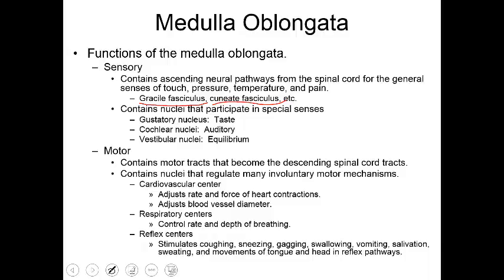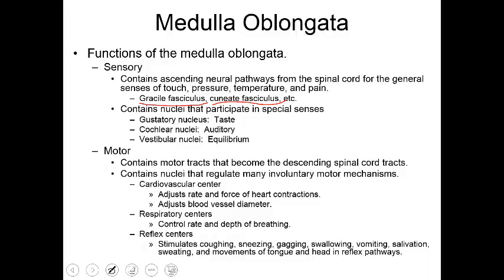Two, it contains nuclei. Remember, the nuclei in the brain are specialized regions of gray matter. So there are three nuclei that are present in the medulla oblongata. One is the gustatory nucleus, so sense of taste. These participate in the sense of taste.